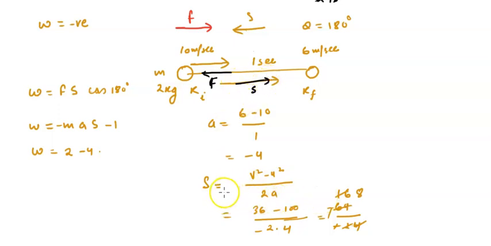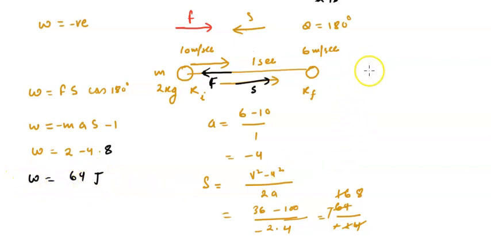So force is negative and displacement is positive. Putting the displacement as 8, the work done comes to minus 64 joule.